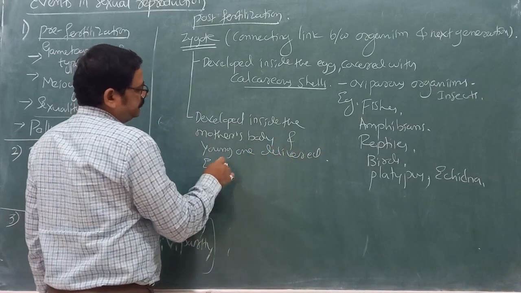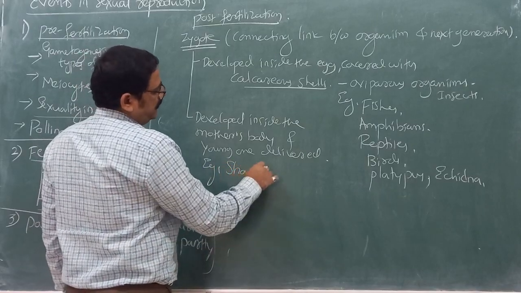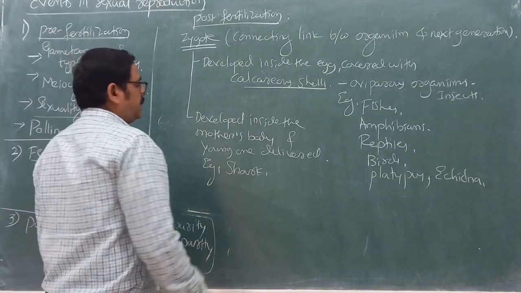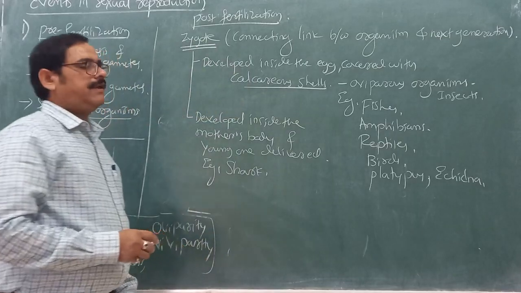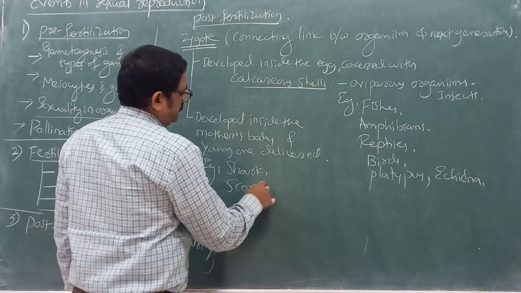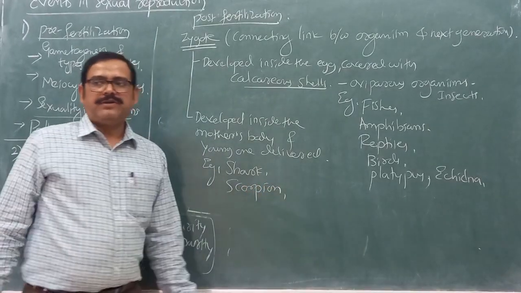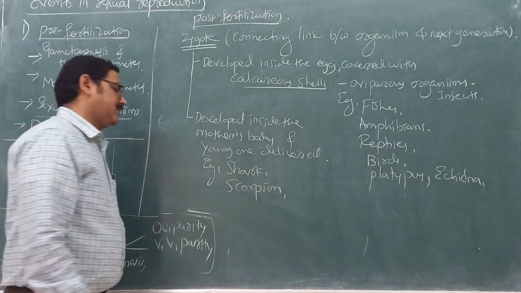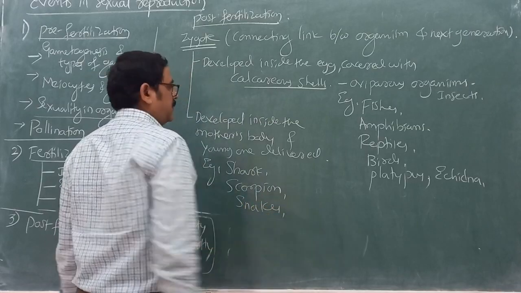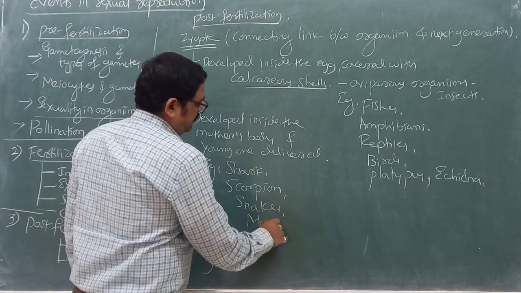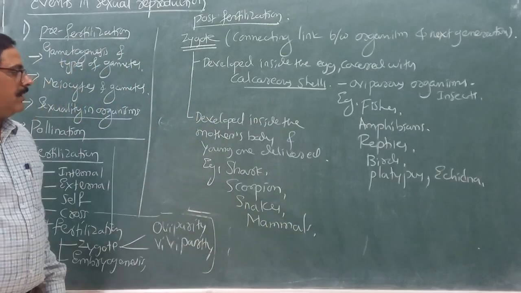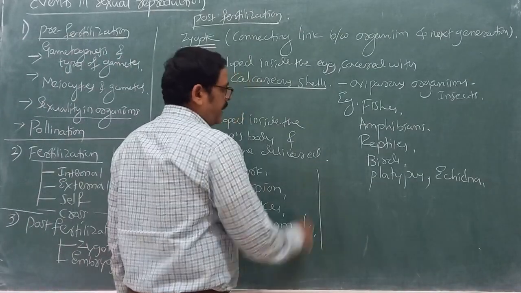Example includes shark, the cartilaginous fish is delivering the young one, and then certain, what we can say that mainly sharks as well as scorpion, being the arthropod, it delivers the young one, scorpion, and then yes, there may be certain snakes, okay, and then perfectly the mammals. So these are developing the young one. So we call them as viviparous organisms.